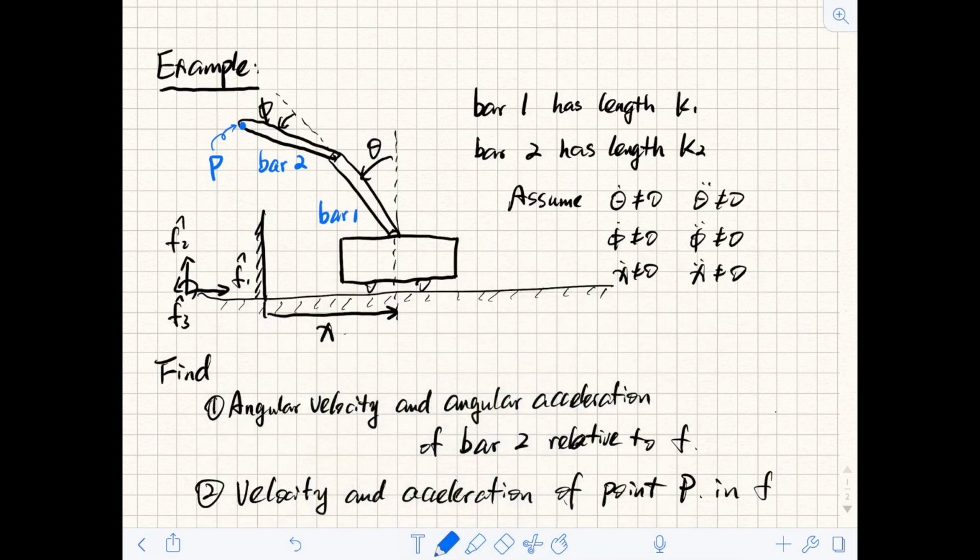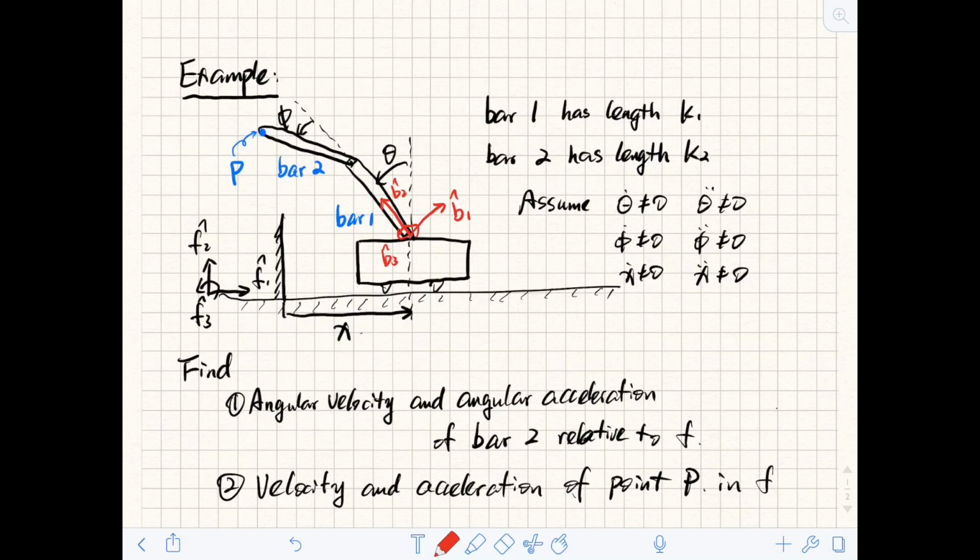Notice that we have two rotations in this problem. Bar 1 is rotating and bar 2 is also rotating. So we need to define two new reference frames to define the bars. Let's call one B1, B2, B3.